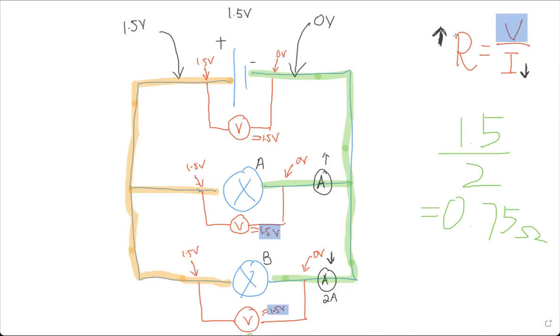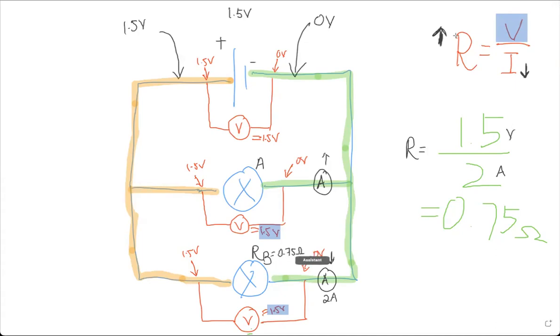Okay, so if you use this formula, R is equal to 1.5 volt over 2 ampere. You will get 0.75 ohm. So my resistance B is 0.75 ohm.